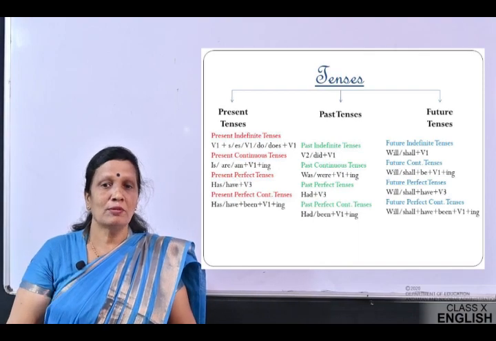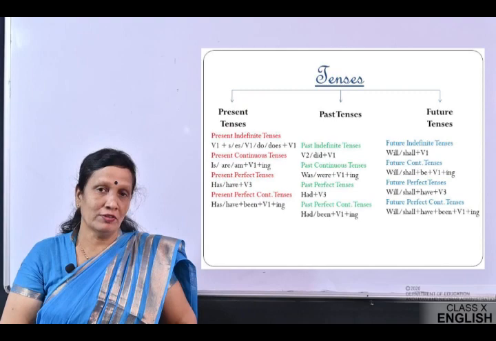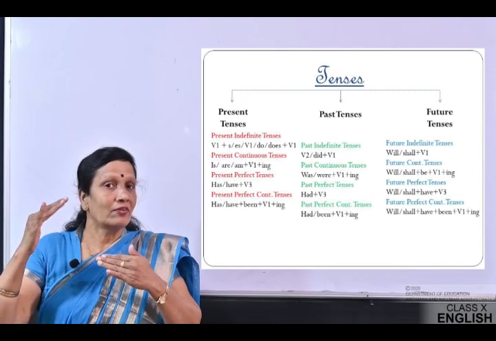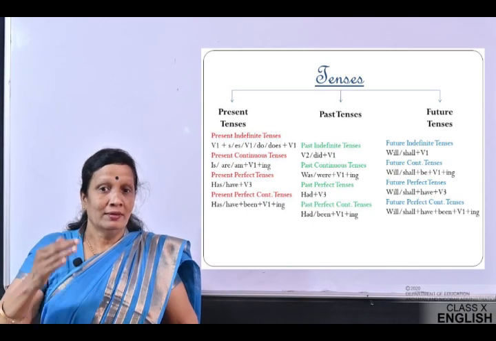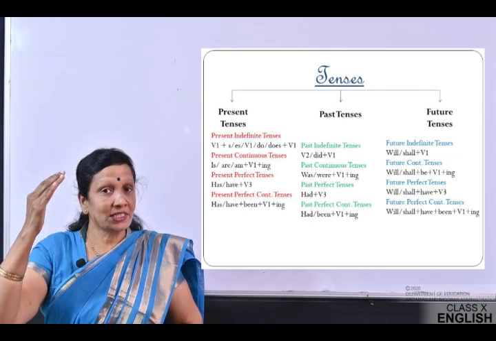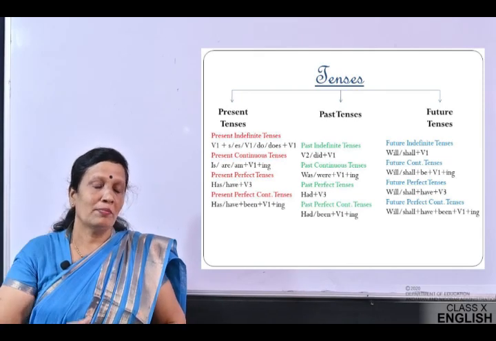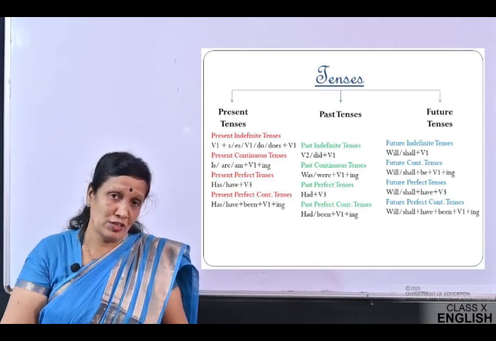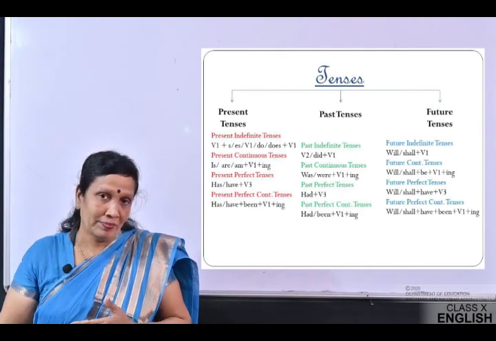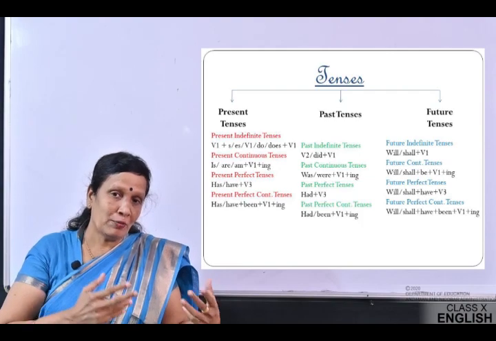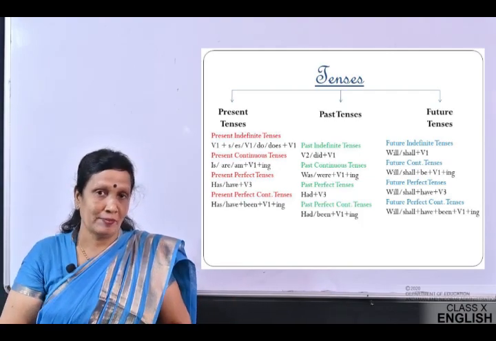Now, the past perfect tense: had plus the third form of the verb. I had written a letter to my friend. Past perfect continuous tense is had plus been plus the first form of the verb plus ing. Had been writing, had been leaving, had been teaching in the school for the last 2 years.